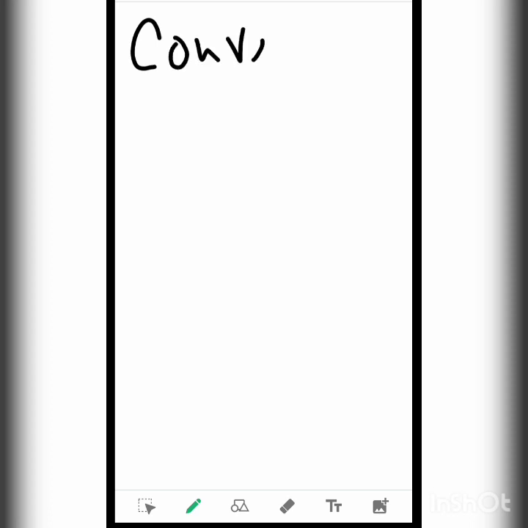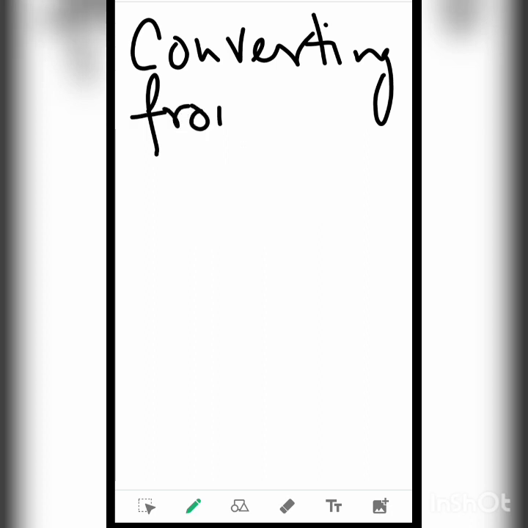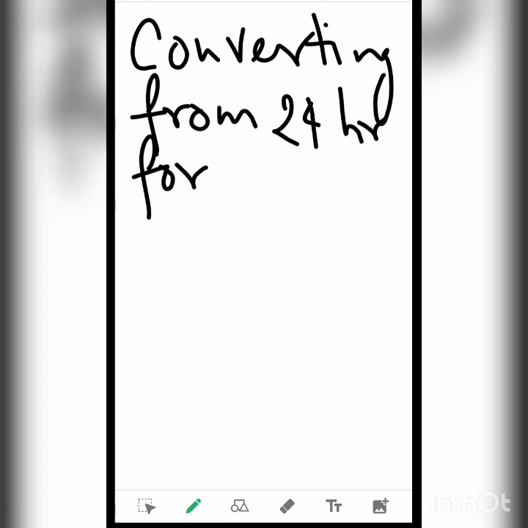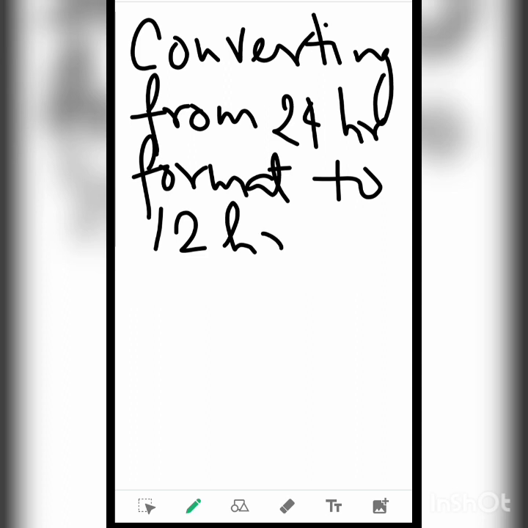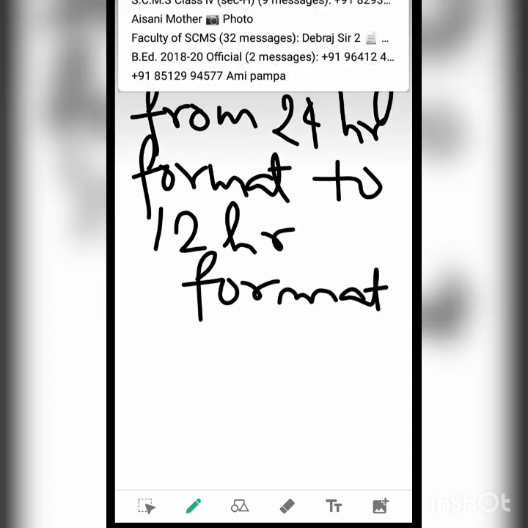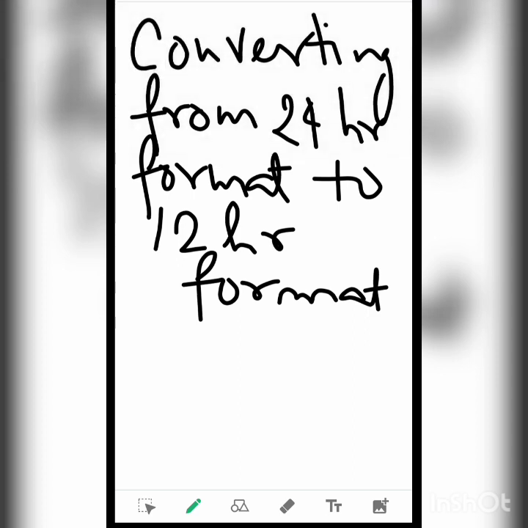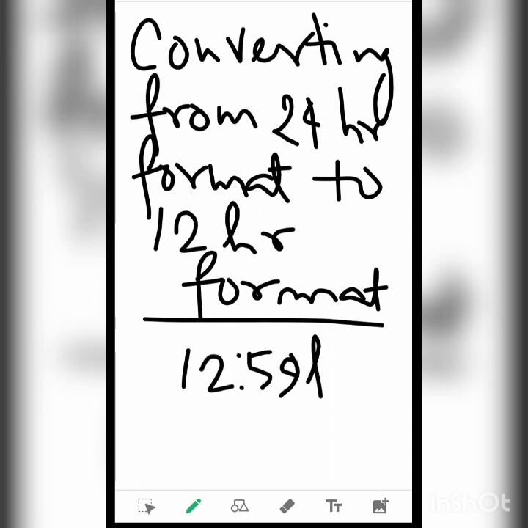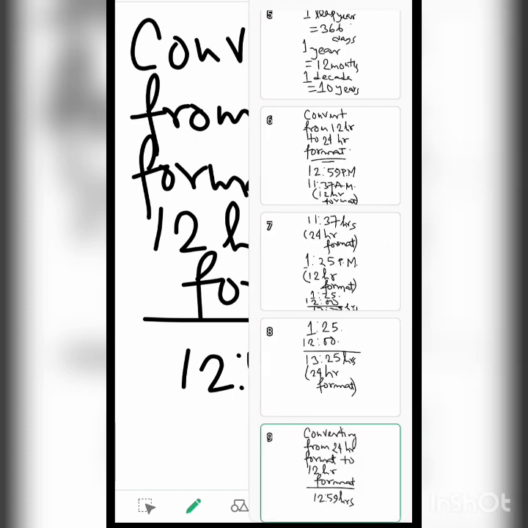Again the same rule will be followed: till 12:59 hours everything will remain the same.